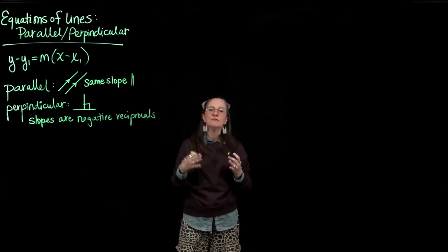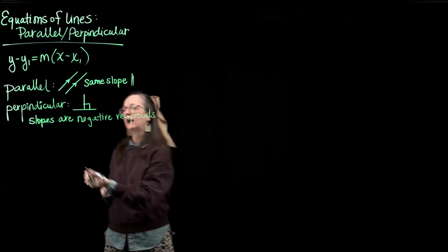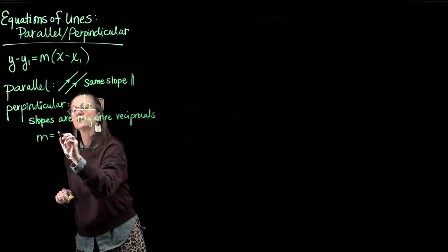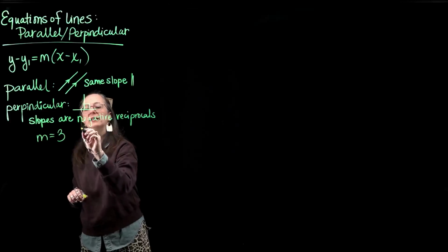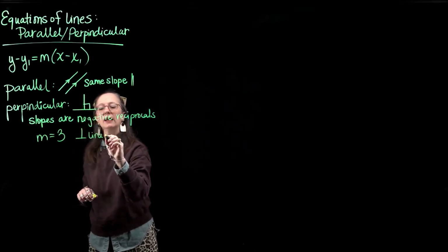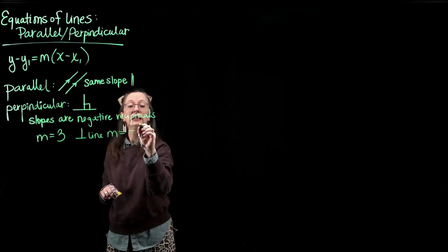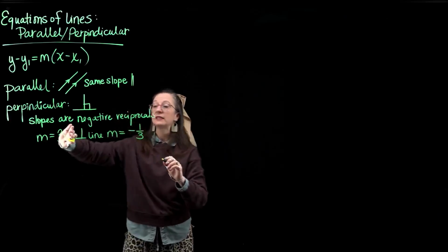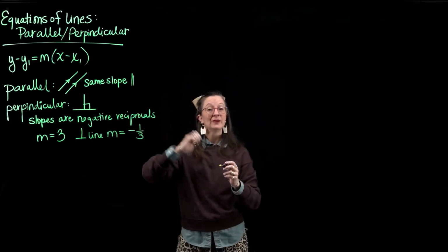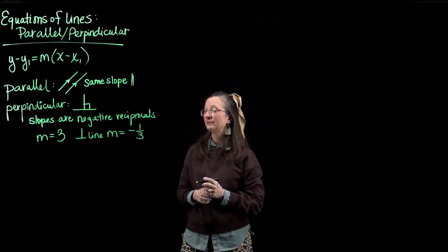That's a big word to mean that if I have a line with a slope of 3, then its perpendicular line has a slope of -1/3. We take the reciprocal and we multiply it by -1.